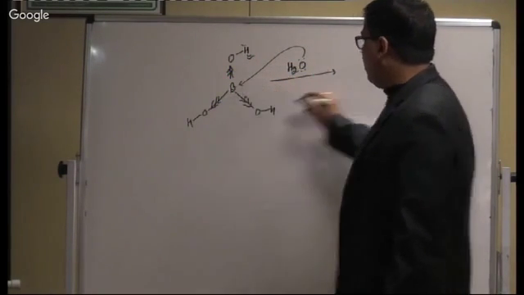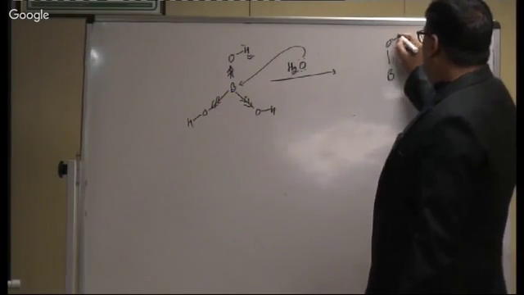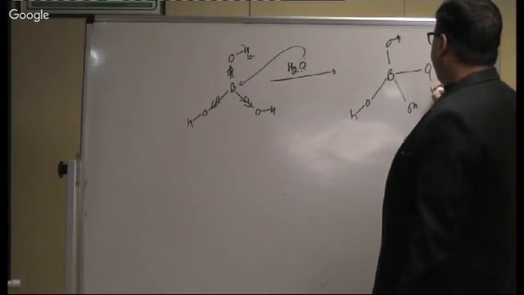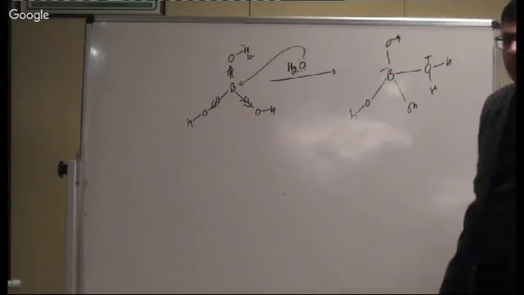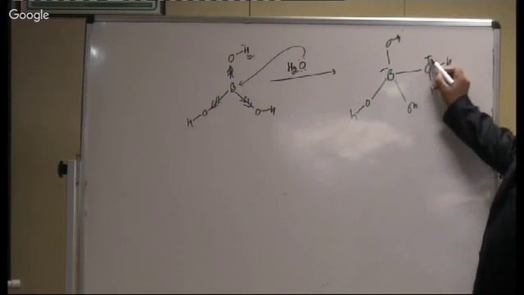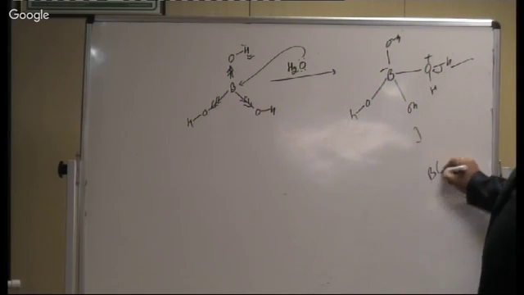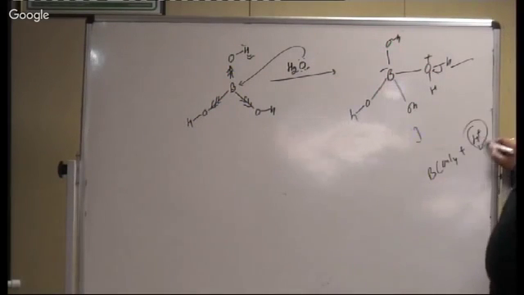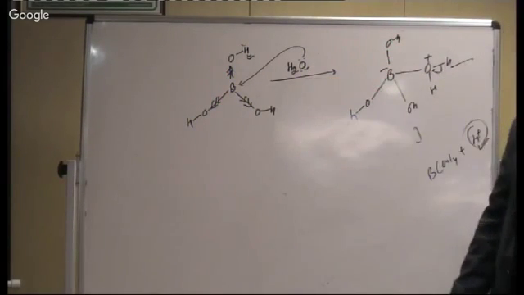This oxygen of water attacks this boron. Now this oxygen gets positive charge, it accepts electron and gives H+. So it will become B(OH)4 minus plus H+. So after reacting with water, it displaces H+ from water. That's why it is acid in nature.